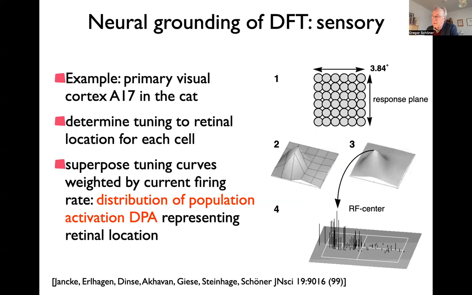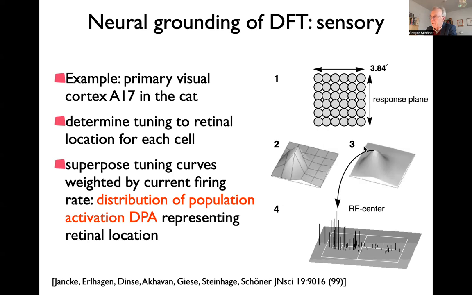So the first example goes back to work that I did with Janke and many other colleagues here in Bochum many years ago. And in that work, we looked at the anesthetized cat. AR17 is the primary visual cortex in that animal. And we did the conventional retinal tuning. So when we recorded from cells, we found out the receptive fields by projecting patterns of light onto their eye.